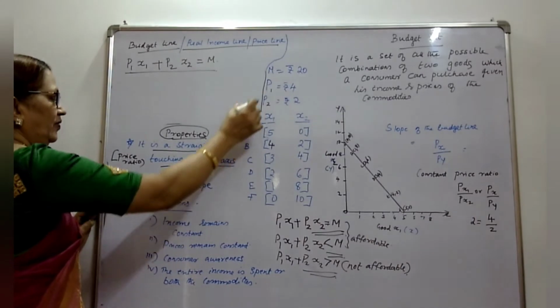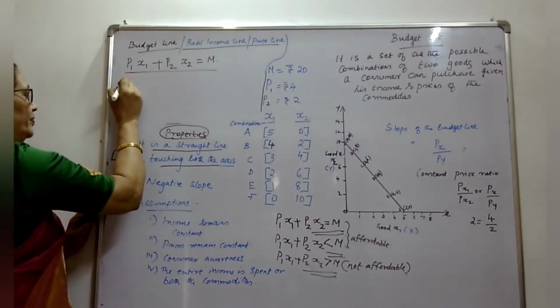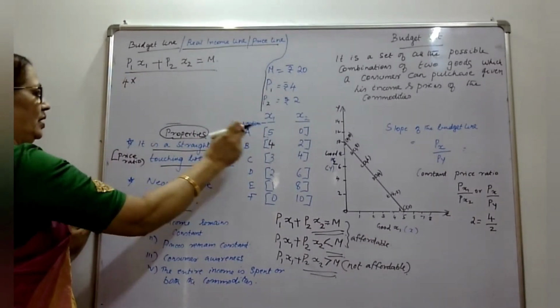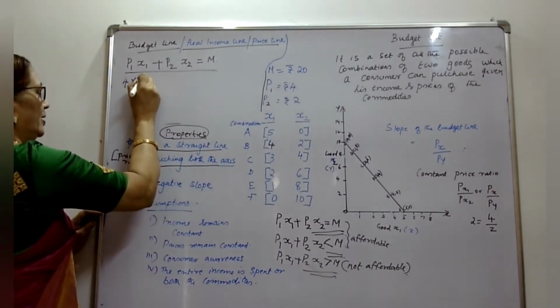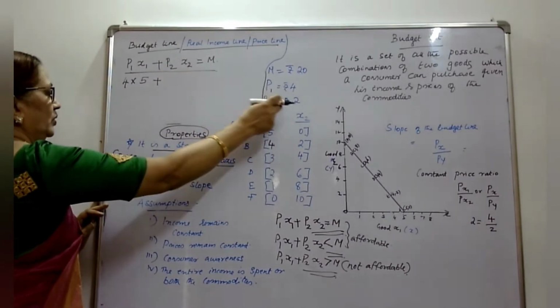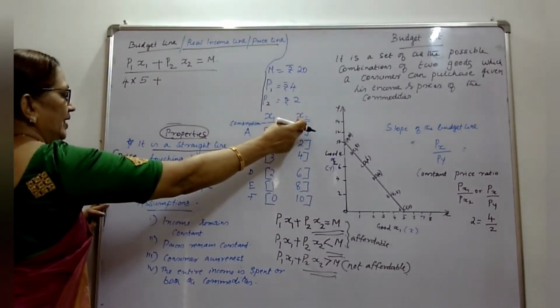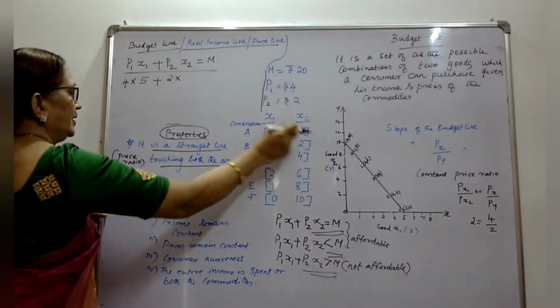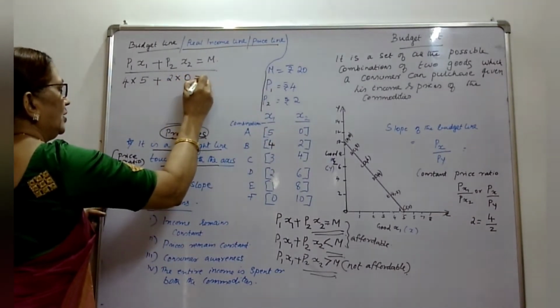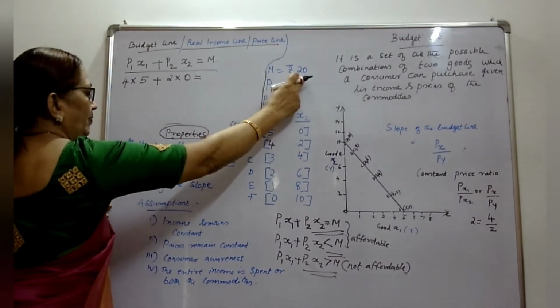Price of the first commodity, 4, into the quantity consumed, 5, plus P2, the price of the second commodity, 2, into the quantity purchased, 0, is equal to income, 20.